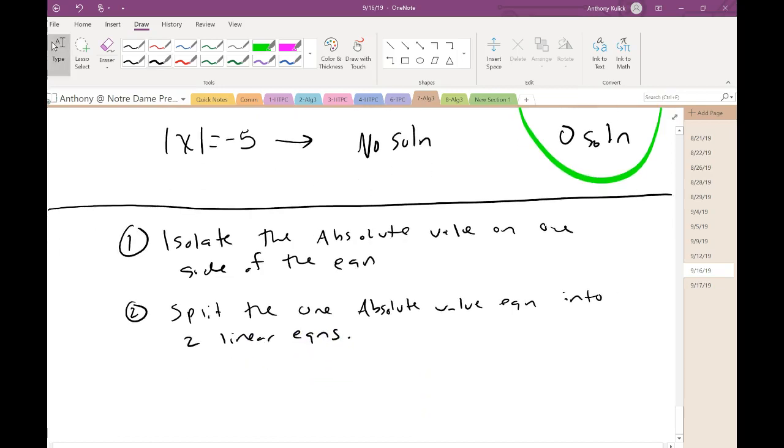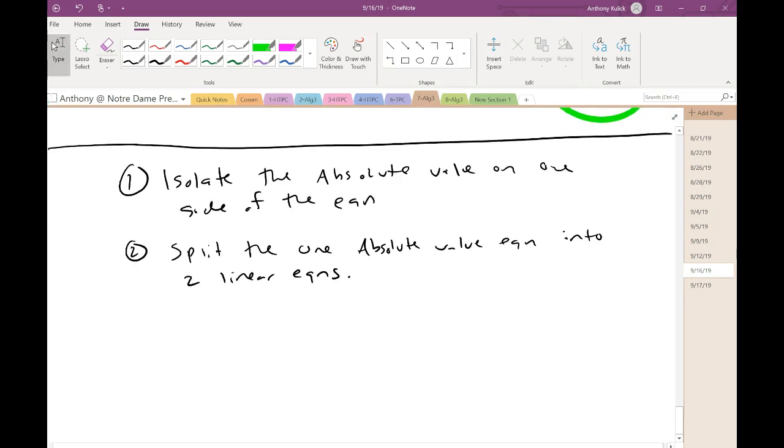The next thing we'll do is split that one absolute value equation into two linear equations. I'll explain more about how to do that in a minute. Right now we're just outlining the procedure to give an idea of what we're doing and where we're going. We'll talk about the details in a minute.